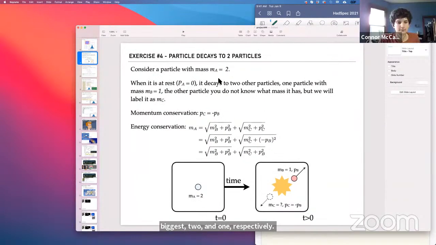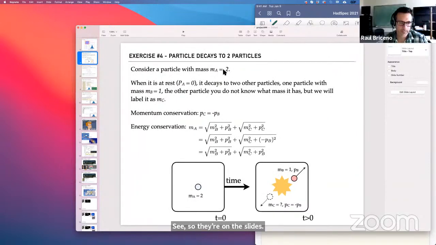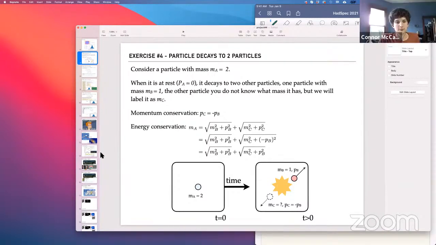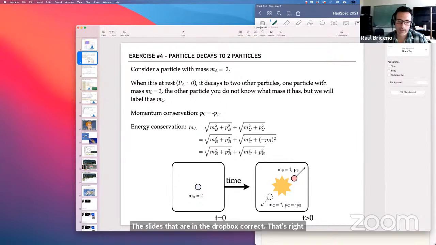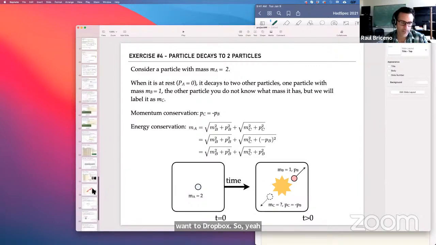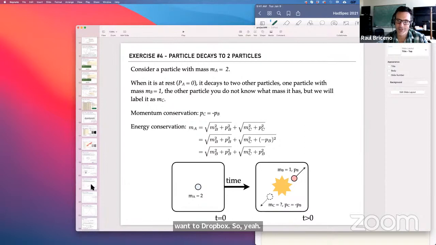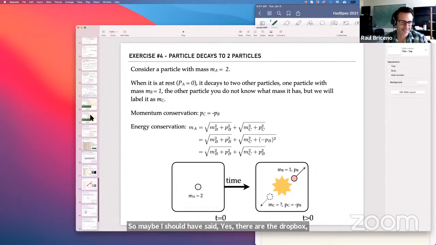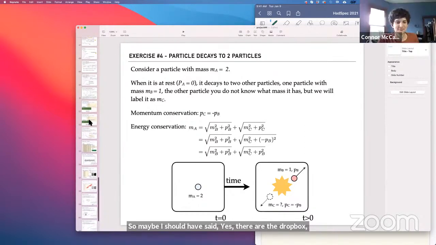MA is equal to 2 and MB is equal to 1. And the slides are in the Dropbox, correct? That's right. All the slides are on the Dropbox. Everything is on the Dropbox. So maybe I should have said yes. They're in the Dropbox. They're just inside of the slides.